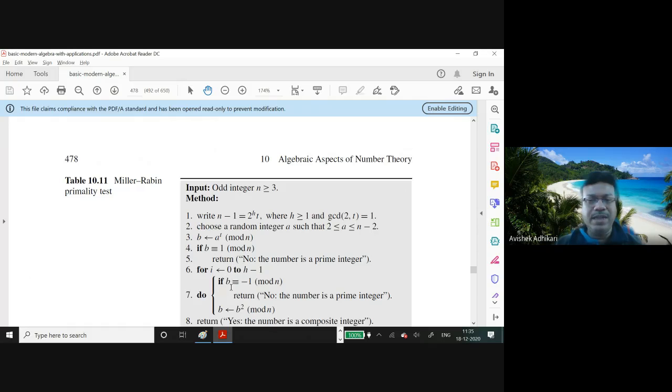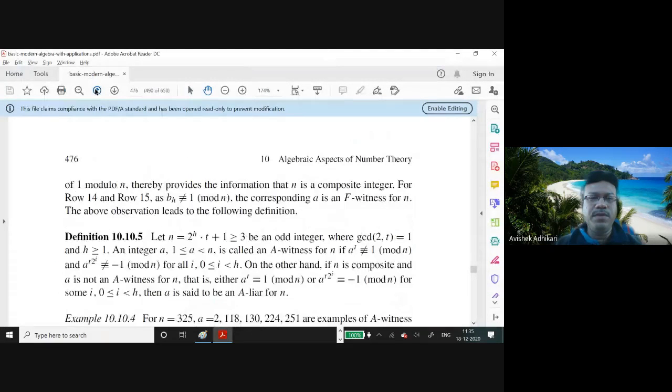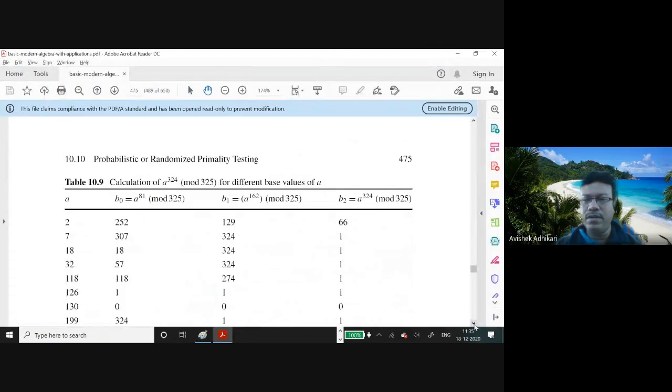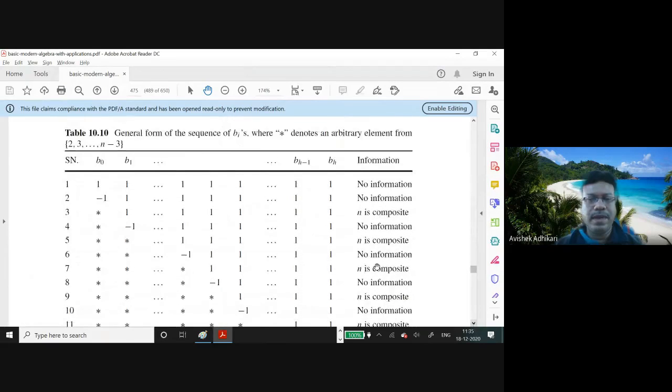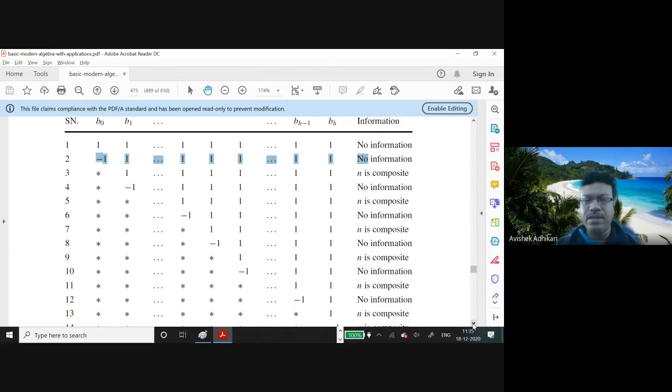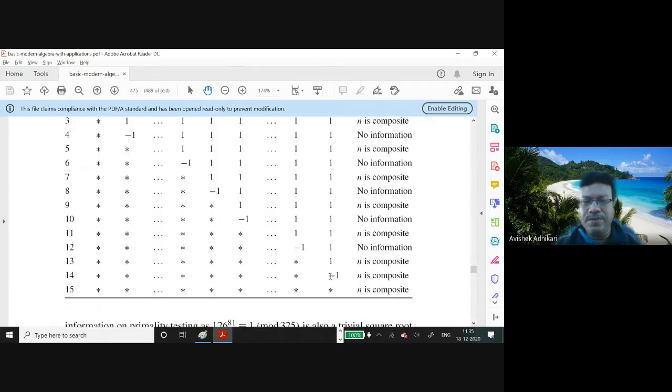But if at any stage you get the b value as minus 1, that means in my table, if you have b value minus 1 at any step, after that your answer will be no information, except for the step at the end: if you have minus 1 there, then only the number is composite.